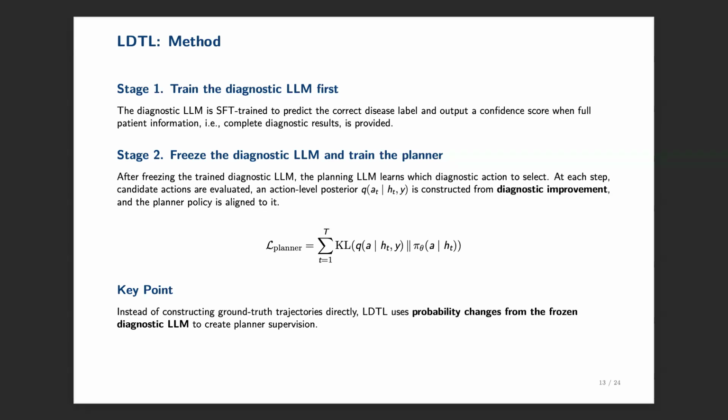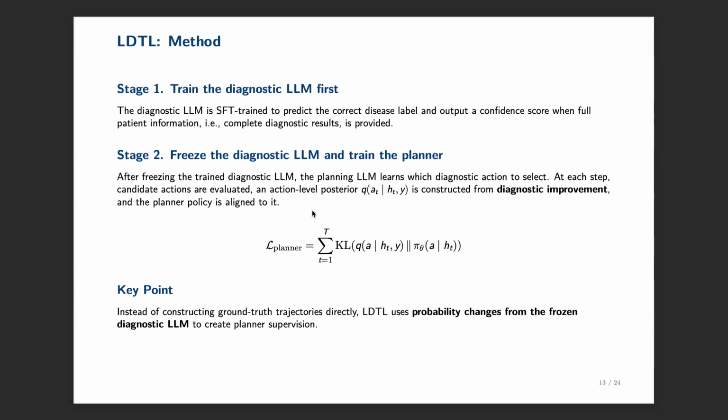So the method has two stages. First, the diagnosis LLM is trained to predict the correct disease and output confidence when full patient information is available. This gives a model that can evaluate how useful a path is for diagnosis. Second, the diagnostic LLM is frozen and the planner is trained.